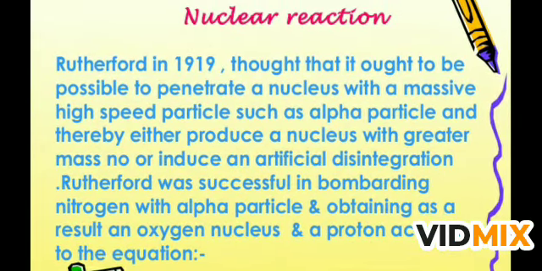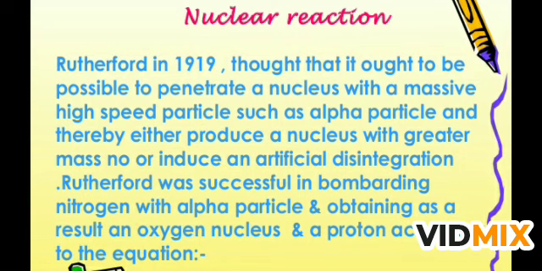In 1919, Rutherford thought that it ought to be possible to penetrate a nucleus with a massive high-speed particle such as an alpha particle, and thereby either produce a nucleus with greater mass number or induce an artificial disintegration. Rutherford was successful in bombarding nitrogen with alpha particles and obtaining as a result an oxygen nucleus and a proton.